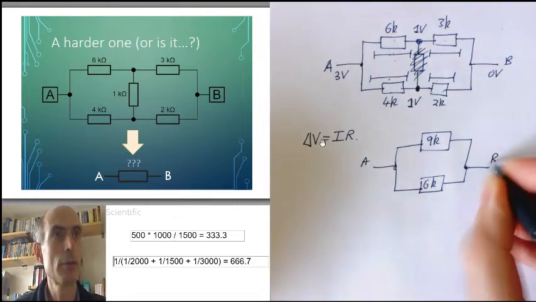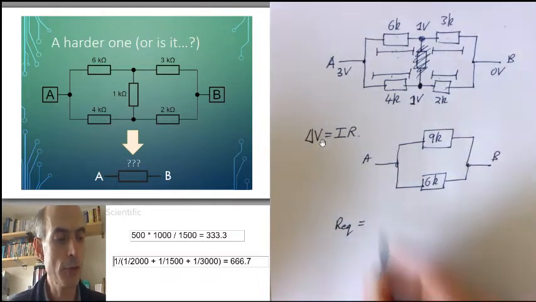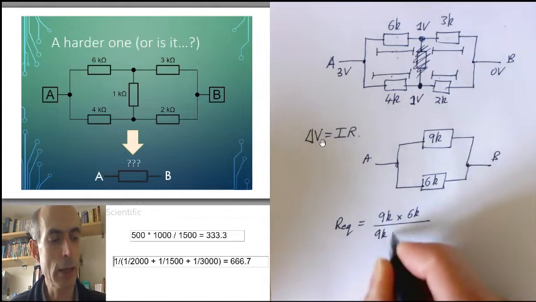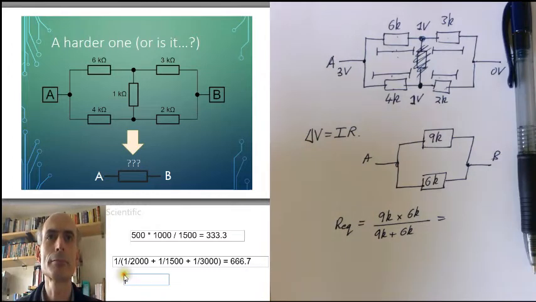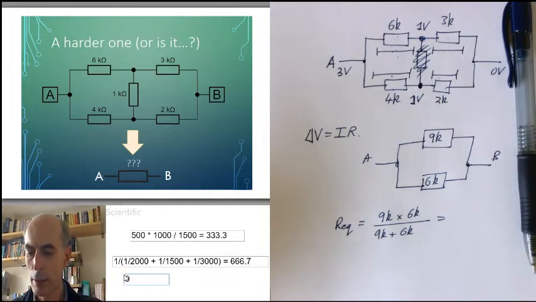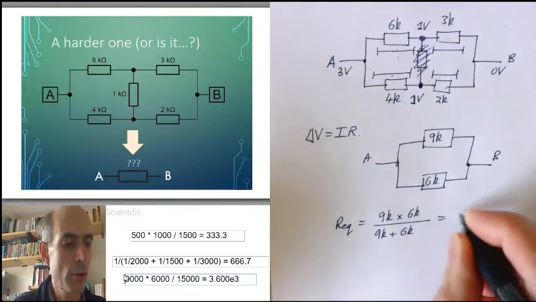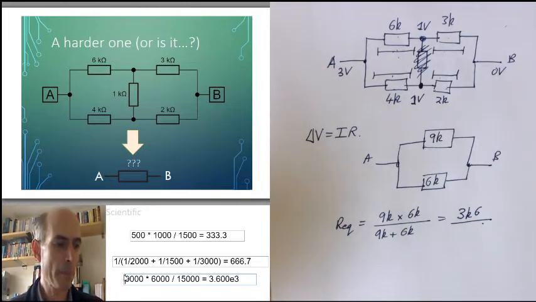And using the standard techniques that we've got before, the equivalent resistance of that would be 9K times 6K over 9K plus 6K, which is just 9,000 times 6,000 divided by 15,000. The answer: 3K6, 3,600 ohms. Right.